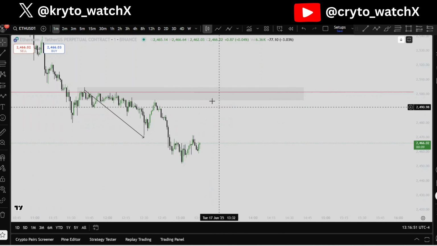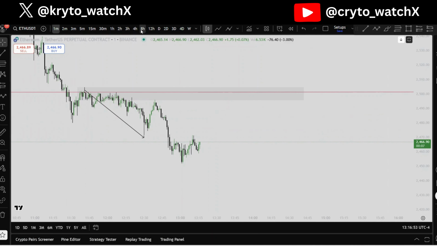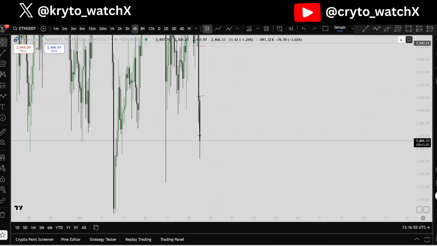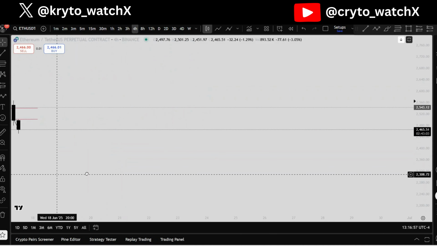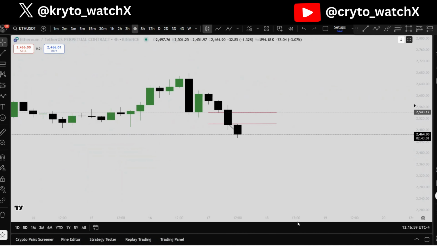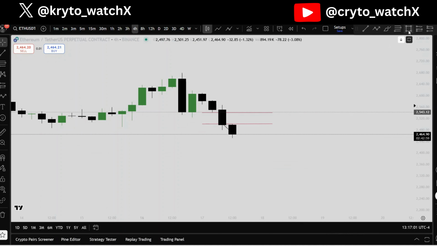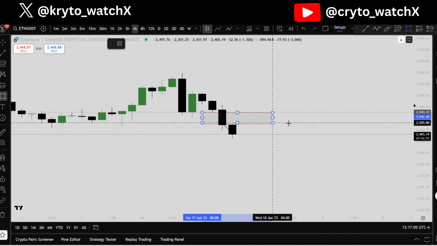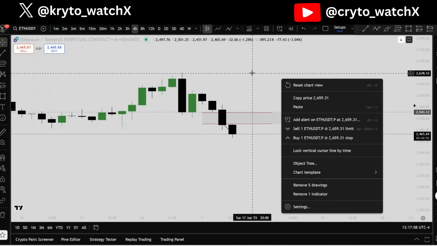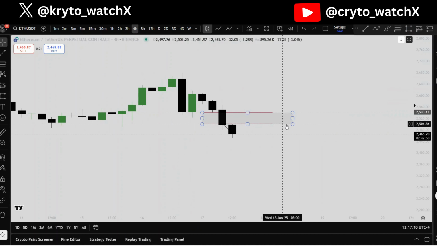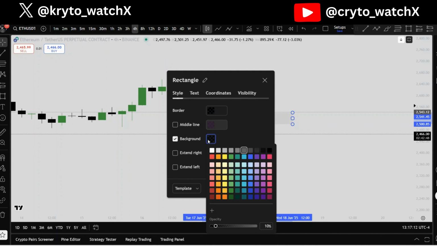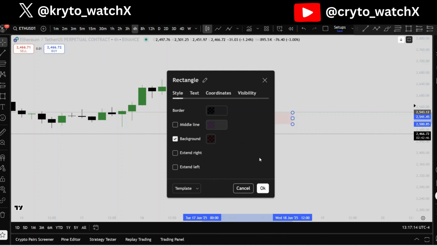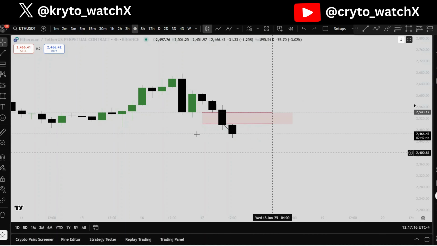If you're going to mark the 4-hour FVG, you can mark it with a rectangle, or you can go with a trend line, whatever is easy for you, or whatever you use in your daily trading. You're going to mark it red. Right, so this is our 4-hour FVG.